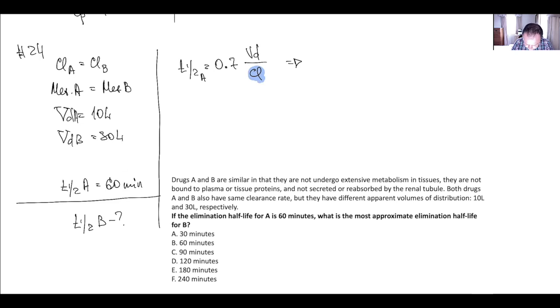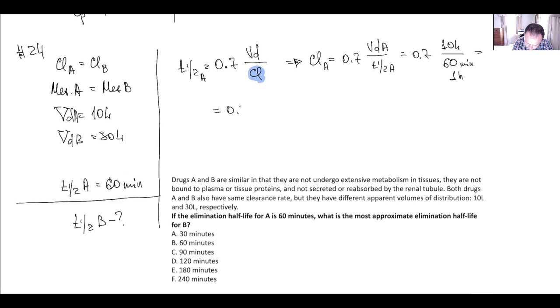So clearance will be calculated as 0.7 times volume of distribution divided by the half-life for drug A. It will be 0.7 times volume of distribution for drug A, 10 liters, over half-life for drug A, 60 minutes, or 1 hour for a simple calculation.